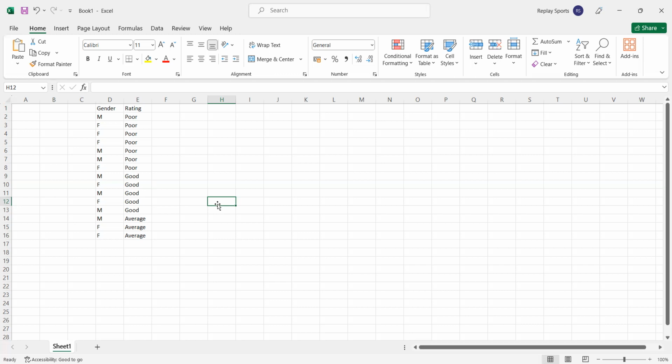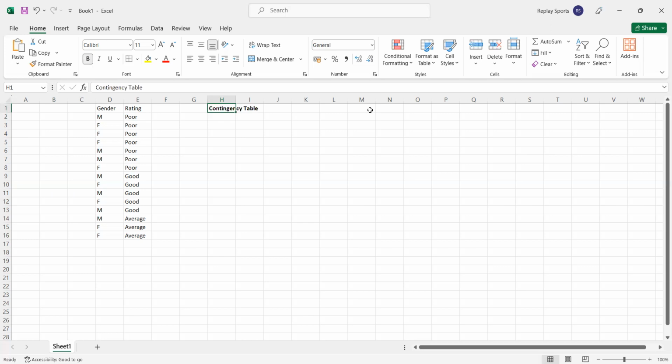Think, think of something. So see, we can create what is called a contingency table. How? We create a contingency table.